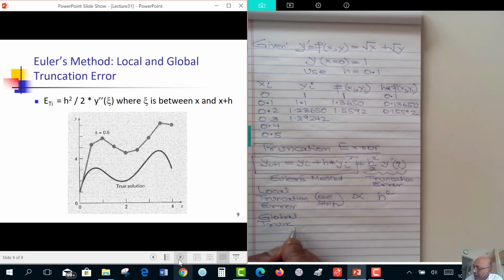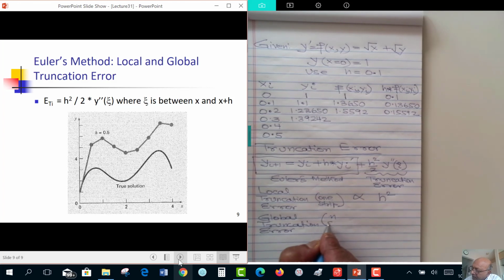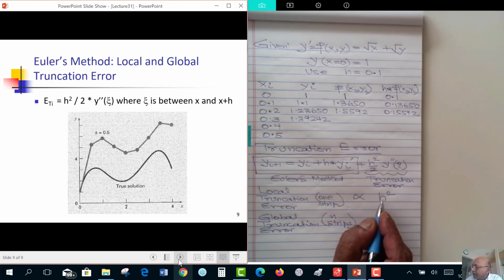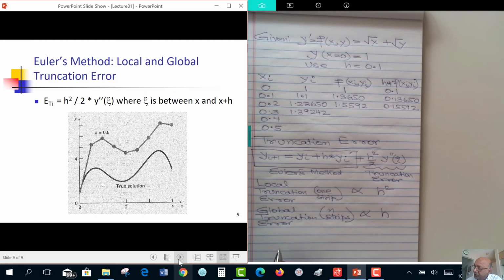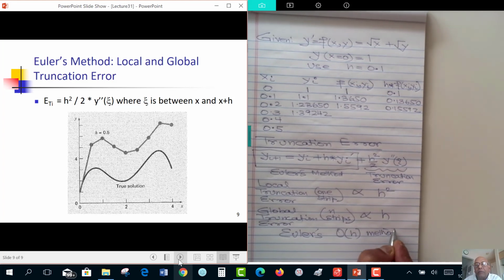Global truncation error is n strips. So we'll multiply n times h squared. Of course, n is proportional to 1 over h. So we will get global is order h. So Euler's method is considered an order h method, global. Okay.